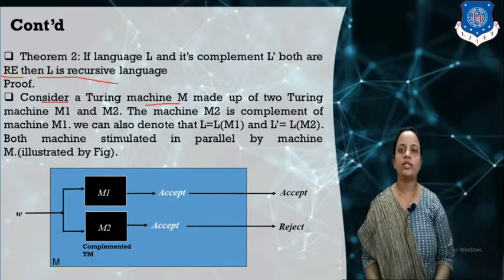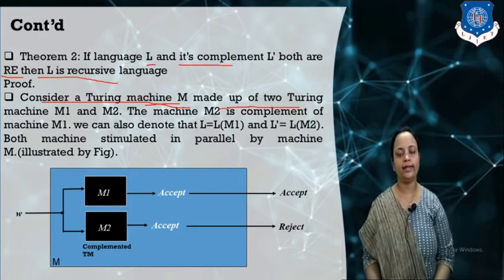Consider a Turing machine made of two Turing machines. Here they are talking about the two Turing machines for L and L dash, and this M is made up of these two Turing machines which accept L and L dash. These two Turing machines are denoted by M1 and M2.